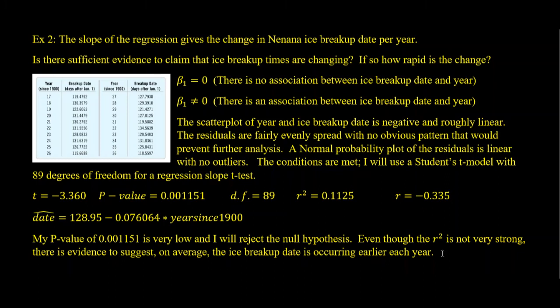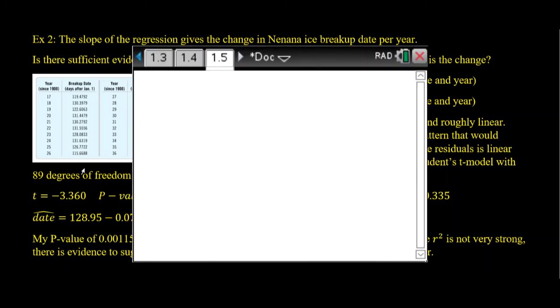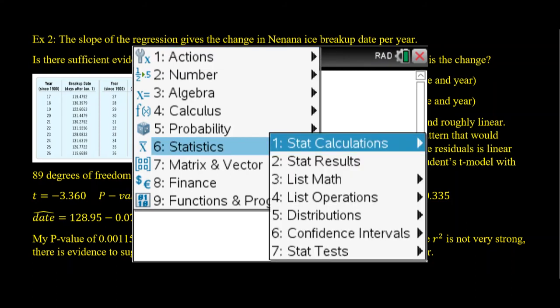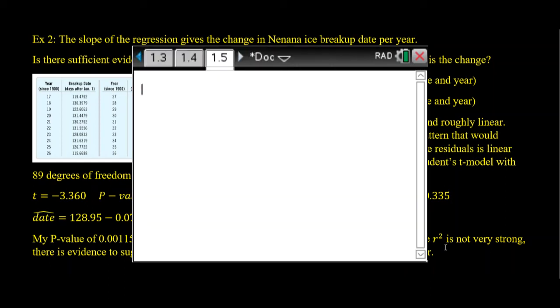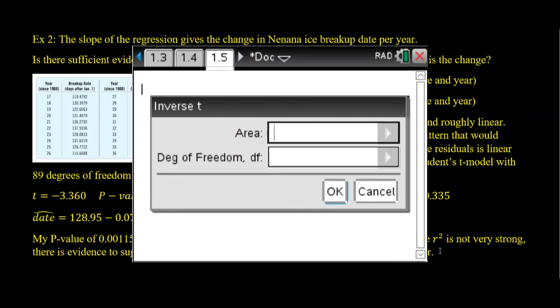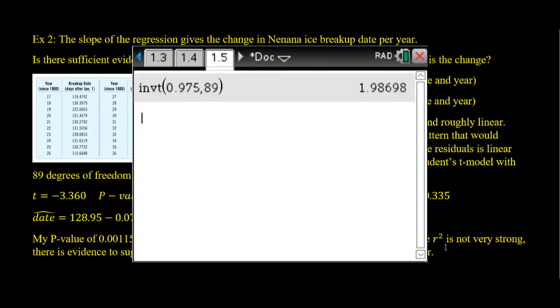In order to do that, I'll use the calculator and do an inverse T. So we go to Statistics, Stat Distributions, Inverse T, and we need to know two things: degrees of freedom, which is 89, and the area under the curve.